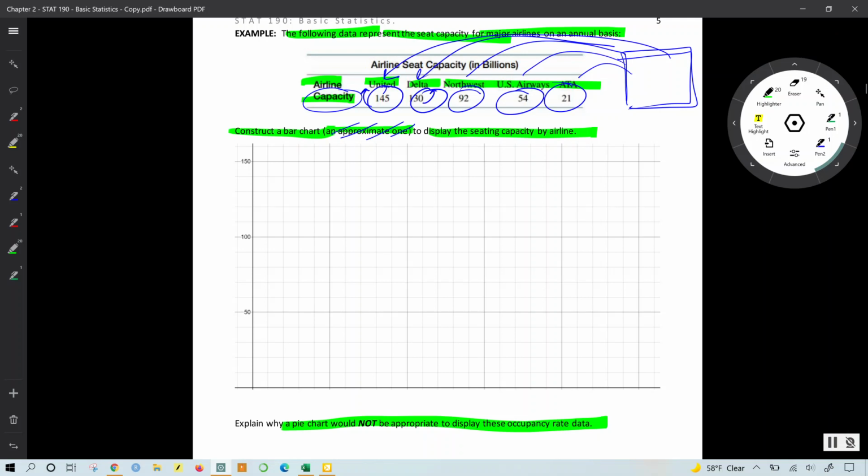Well, if that is not the case, where we are sharing a whole quantity or a whole collection of capacities and dividing it among the different airlines, it means that we're not in line to use a pie chart. A pie chart is useful when you have data that has been collected on a whole quantity that has been divided into component parts. For that reason, a pie chart would not be appropriate to display this occupancy rate data.